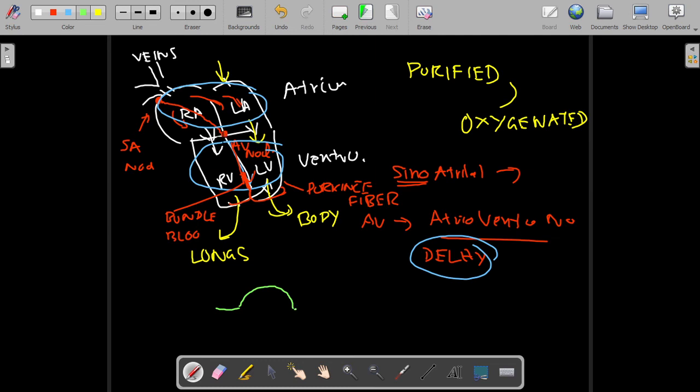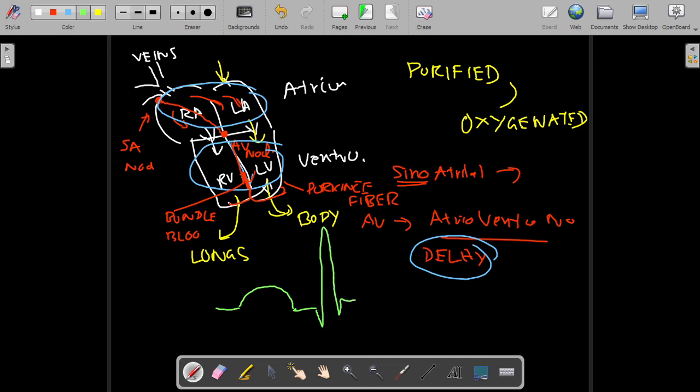At the AV node, which acts as a delay, there is a small delay. After this delay, it travels via the bundle branch and the Purkinje fibers, which causes your ventricle muscle to contract. Since the ventricle muscle has to contract so much that blood is pumped up to the extremities, the amplitude of this signal is great.